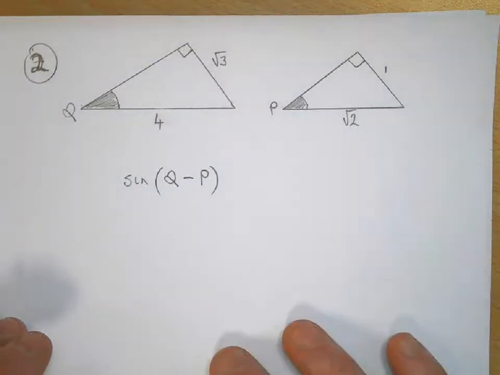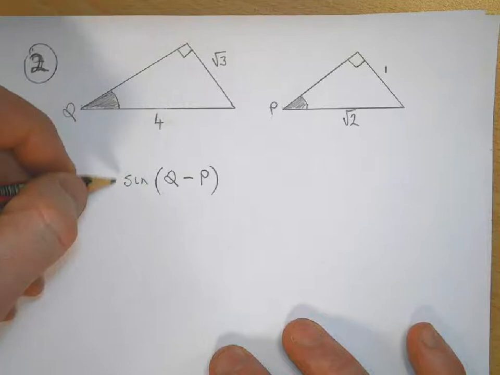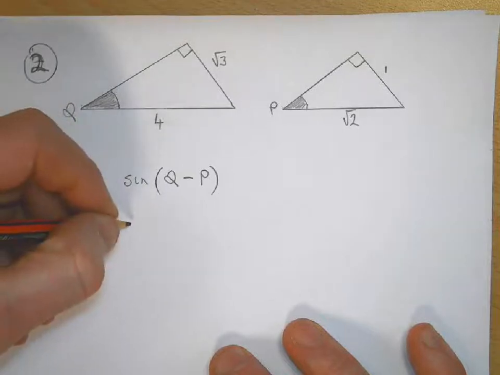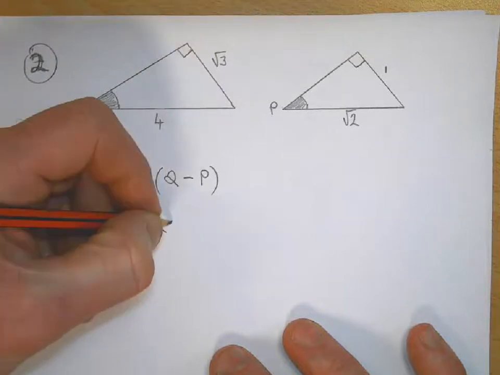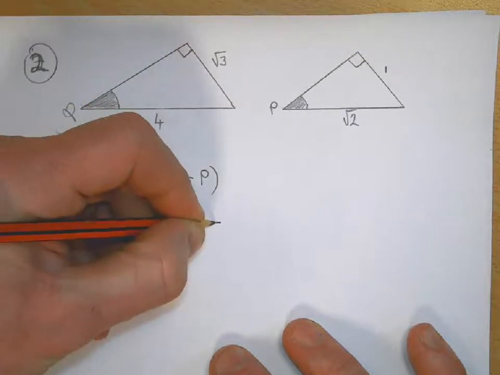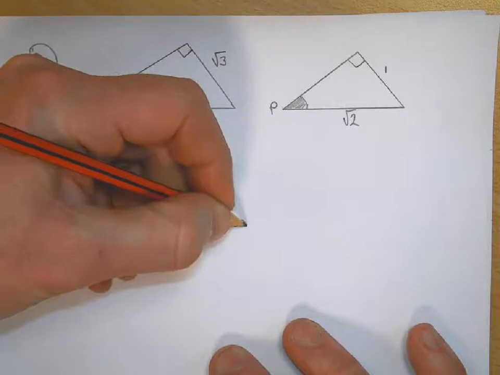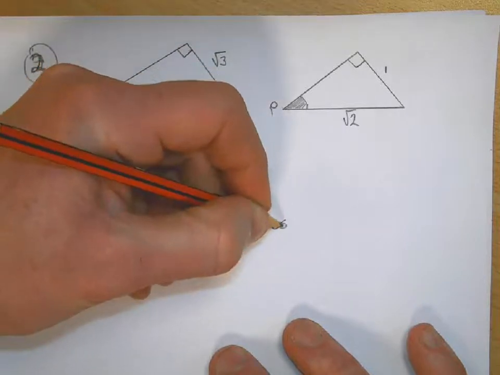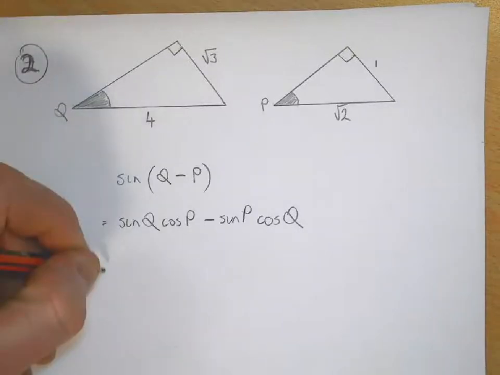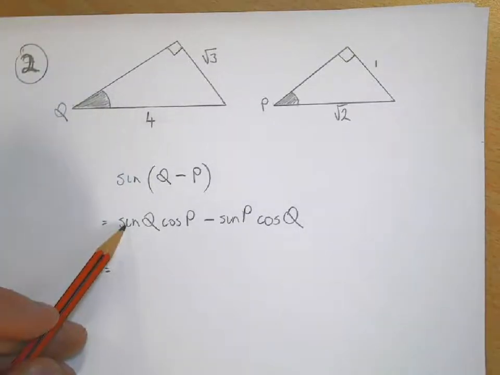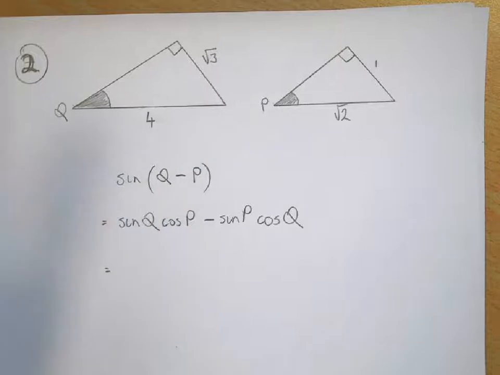So the first thing you want to do here is, again, expand this. We can rewrite that as sine of Q cos P minus the sine of P cos Q. Now we don't know the values for sine Q, cos P or anything like that, so we've got to work them out.